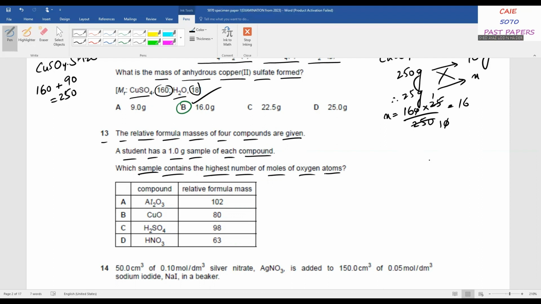For Al2O3, 1 divided by 102 gives 0.009 moles. For CuO, 1 divided by 80 gives 0.0125 moles.